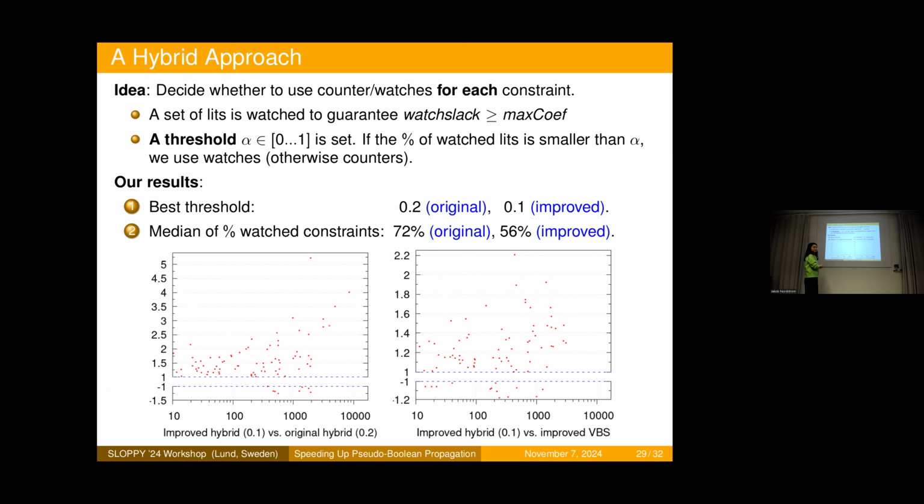What I don't understand is the virtual best solver, you could never be better than the virtual best solver. I'm missing something. Oh, the virtual best solver is that we use only one single propagation, but the best one. Yeah, the best one. I got it. For each benchmark, we know which one is the best. Okay.